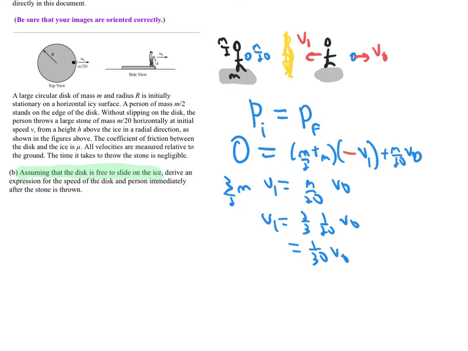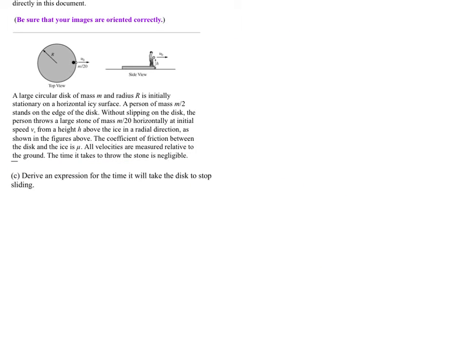for you. Part C, derive an expression for the time it will take for the disk to stop sliding. So now we're just talking about the disk. The notation's going to be a little annoying, but it's okay. The disk is sliding, and it's been given the kick we just gave it, v1 this way, but eventually it comes to rest.